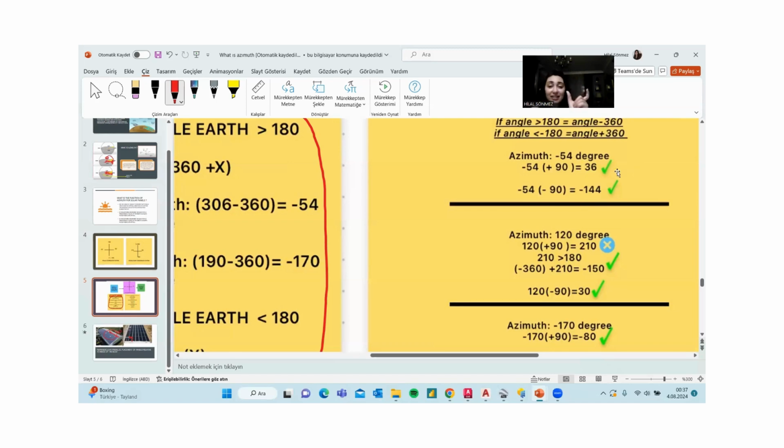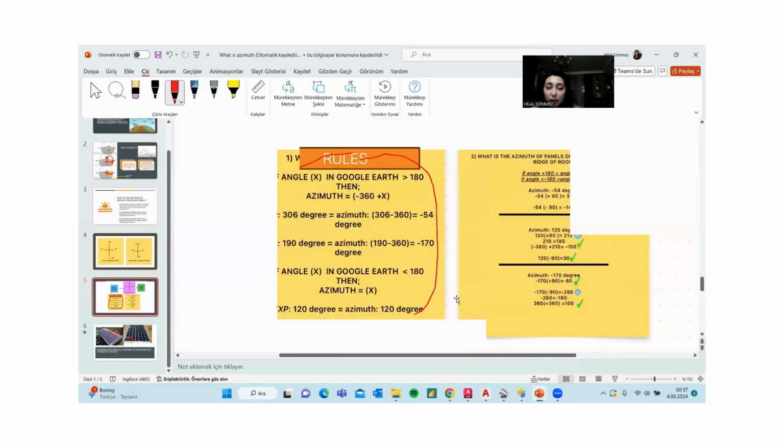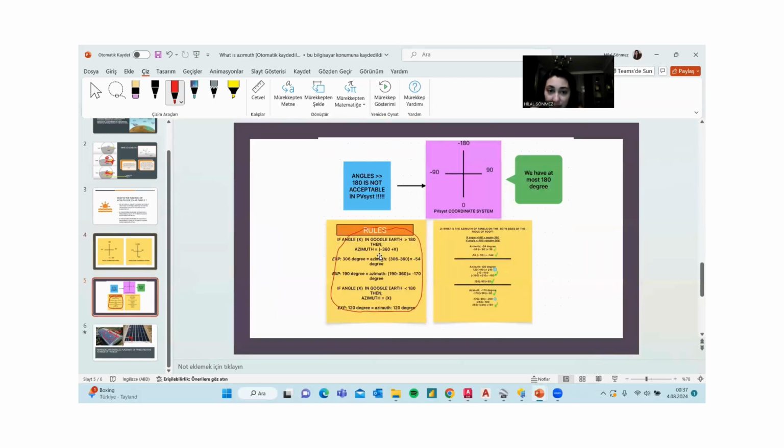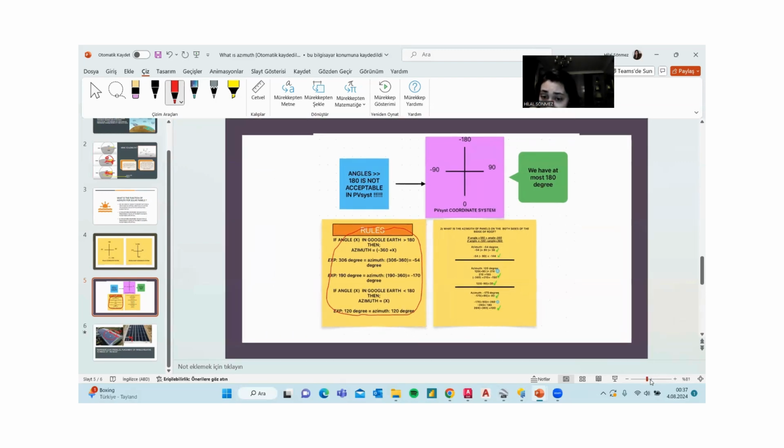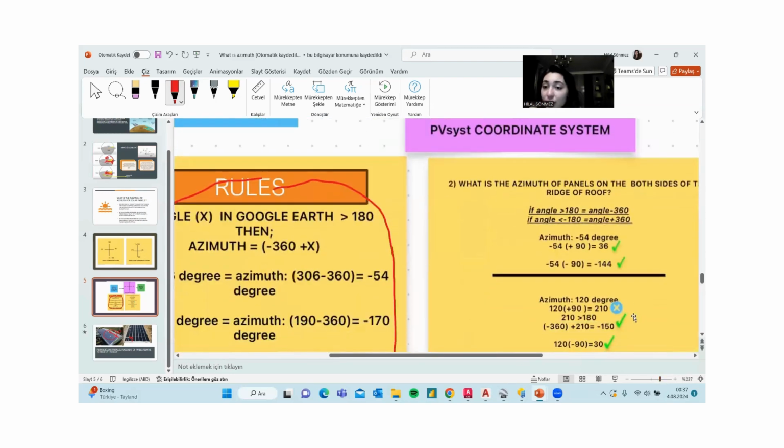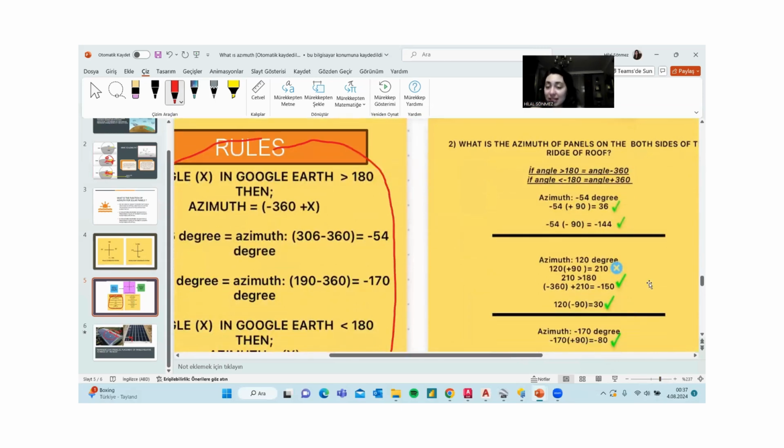I'm saying that because, as you remember, in the Google Earth calculations for the azimuth of the roof, I said that we are not worrying about negative degrees, but when we are in the Pvsyst environment, we do care about negative degrees.